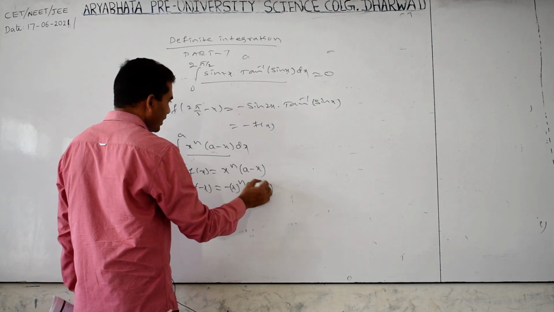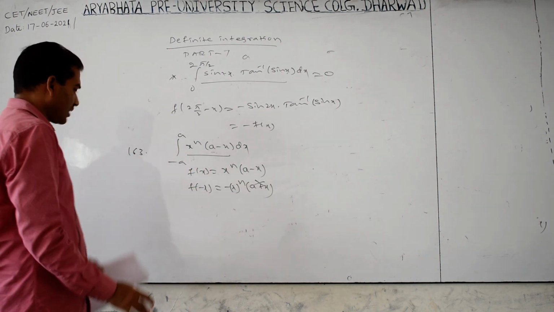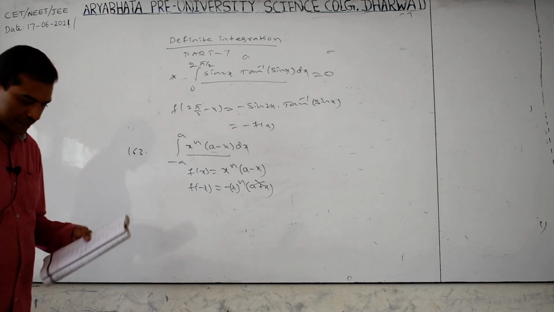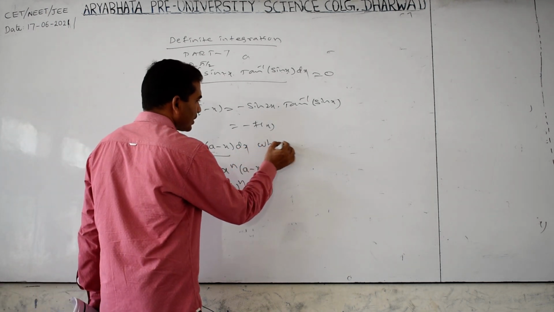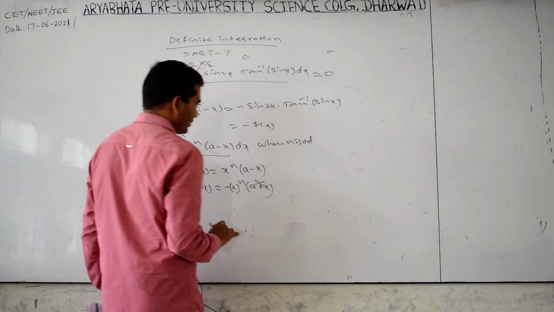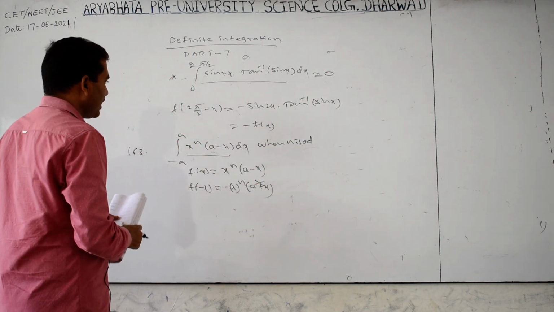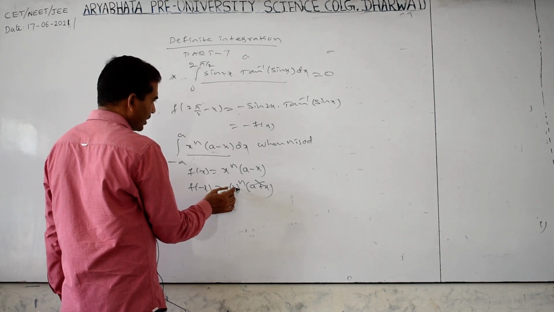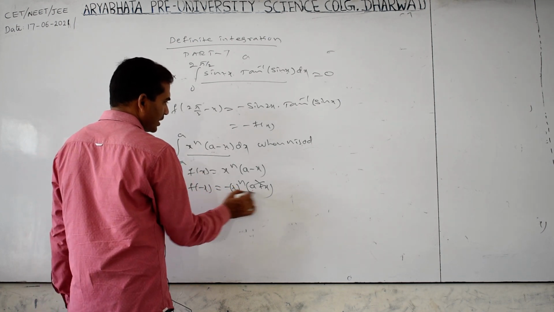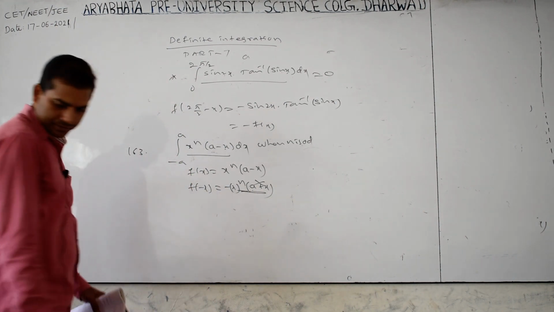This is neither even nor odd. But the given question is when n is odd. When n is odd here, you will get minus of x power n, but here plus x, so it is neither even nor odd.